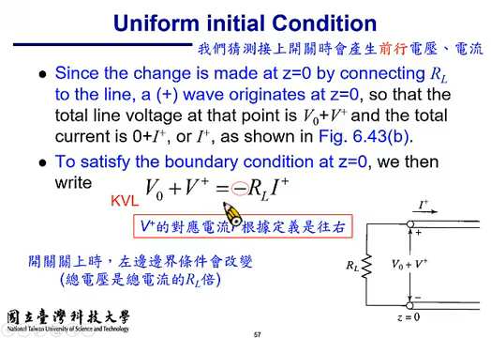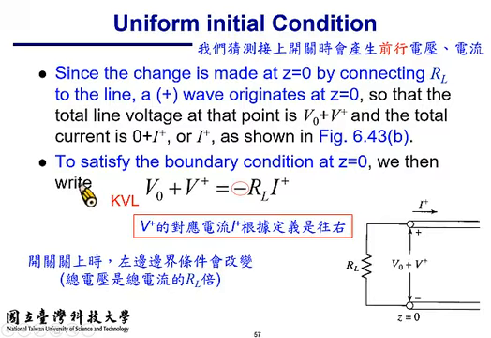You may find the minus sign a little bit strange. Why? Because the I plus signal is going to the right, and to form this KVL, we start from here, go up and go this way. So it's actually in the opposite direction of the I plus current. So there's a reason why you need to put a minus sign over here, all right?